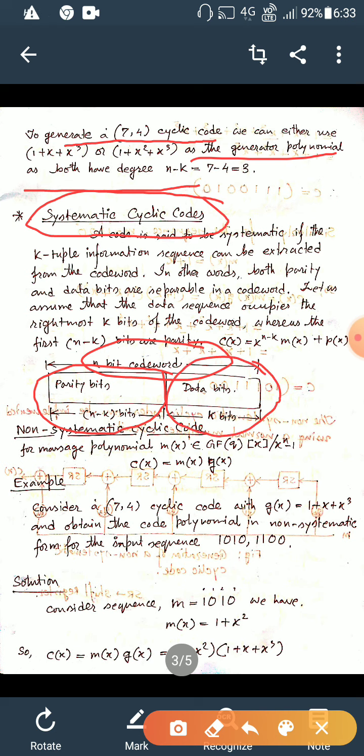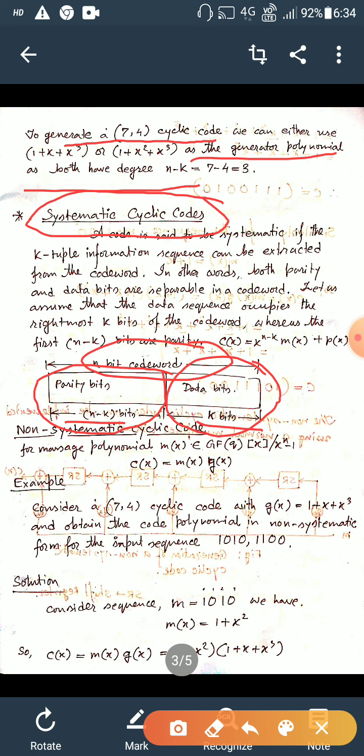You can consider the LSB side as the data bits of k bits, and the MSB side as the n minus k parity bits. Not necessary as such, but you can consider this. So this is the form of systematic cyclic code where you can differentiate so easily.